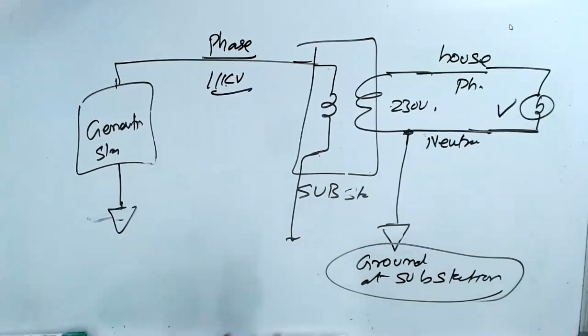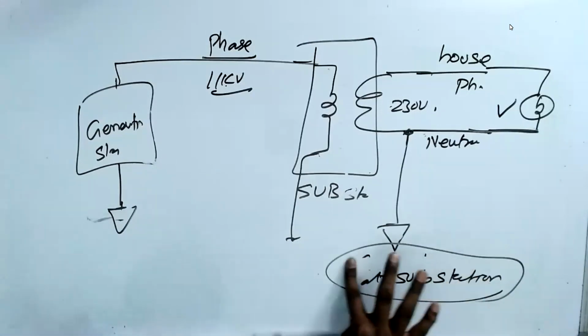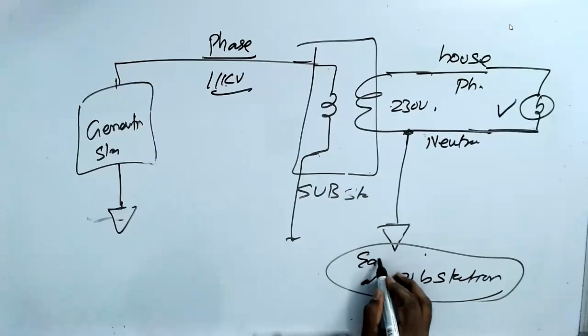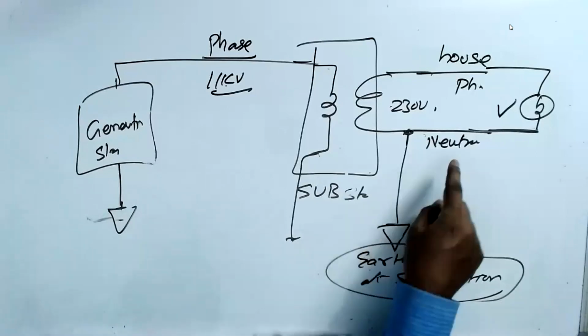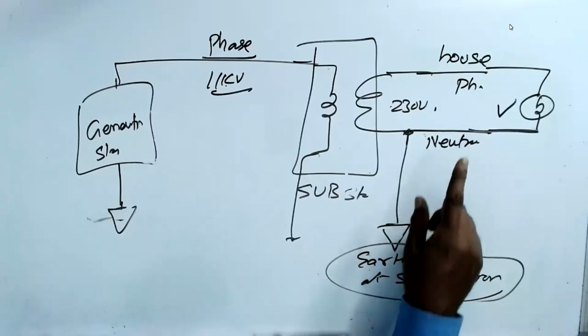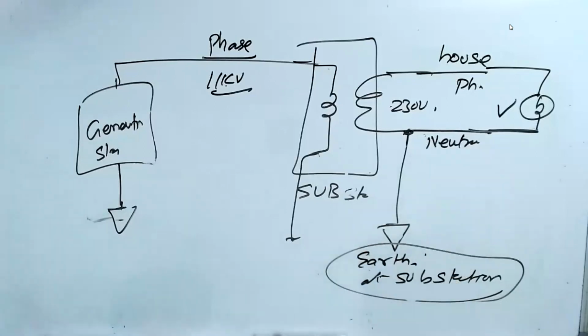You understand what neutral is now? It is nothing but a ground. So earth, sorry, I'm confusing. It's called earth. These two terminologies, earth and ground, always confuse people. Even I have confused myself right now. So the neutral wire which comes to your house is nothing but an earth.